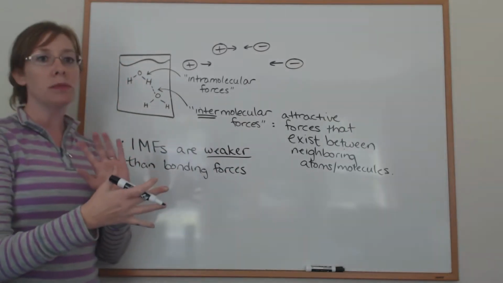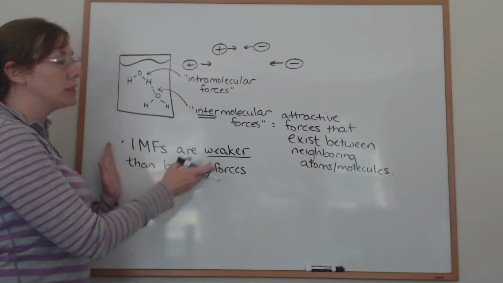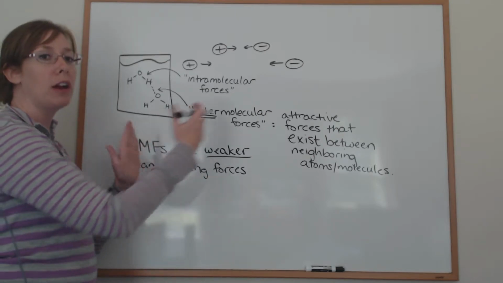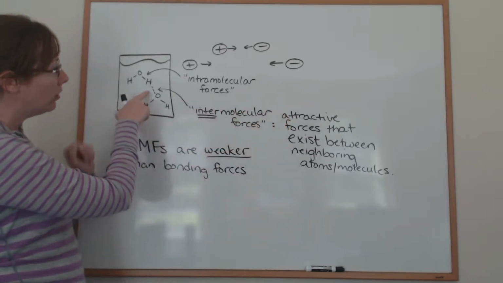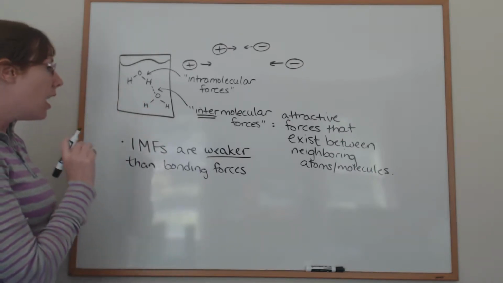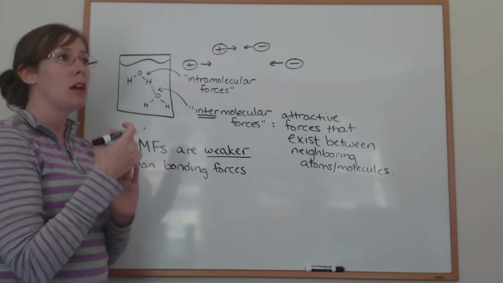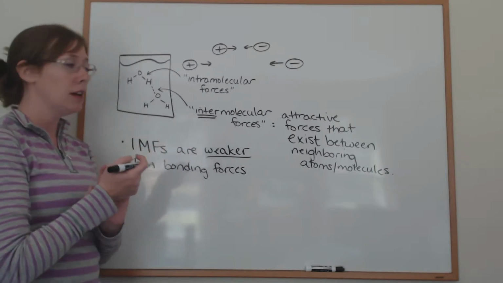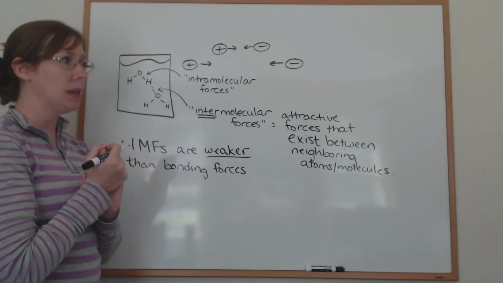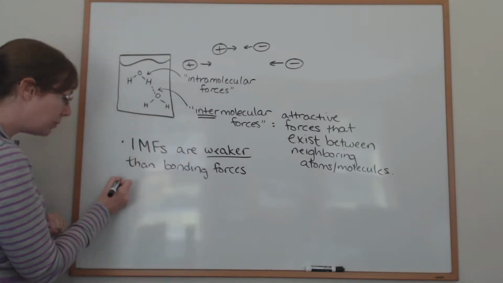That relates to Coulomb's law, but we won't have to get into that for now. Just understand that intermolecular forces are weaker because they are operating at greater distances. I know it doesn't quite look like that according to my drawing, but it is a greater distance. But they're also weaker because they deal with partial charges rather than full charges. We'll get into that as we go into the specific types. So that's bullet point number one.